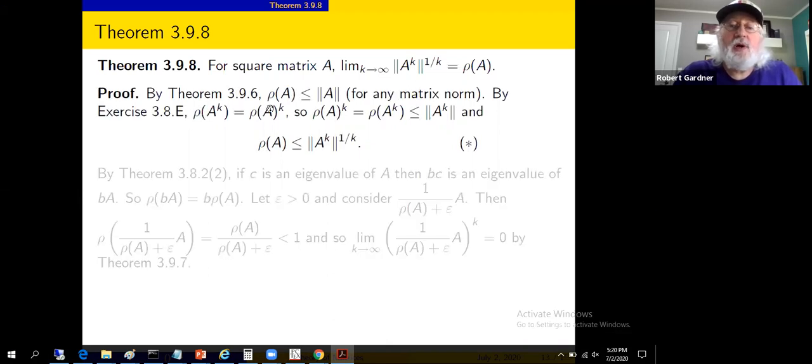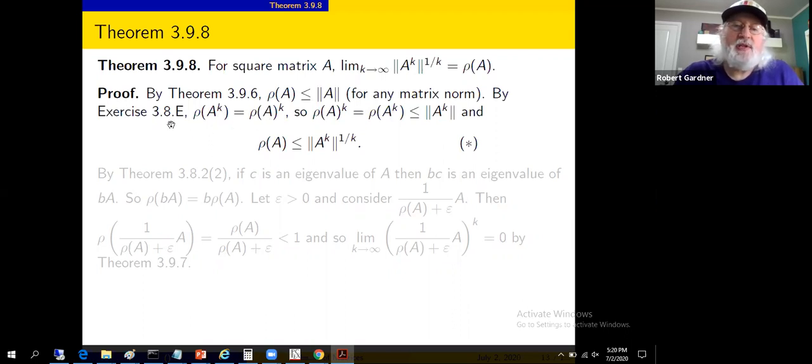All right, two results back. We showed the spectral radius was less than or equal to the norm of the matrix. Any matrix norm satisfies that property. The second, left as an exercise because it's in the previous section: the spectral radius of A to the K is the spectral radius of A, to the K power.